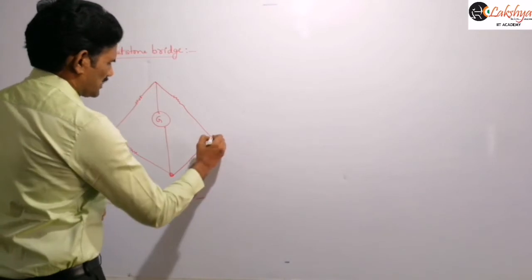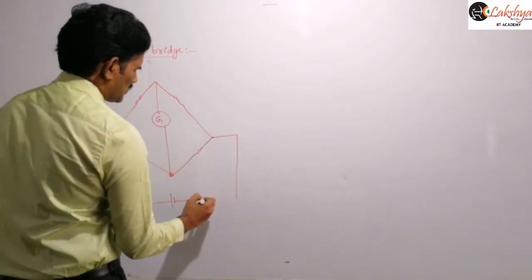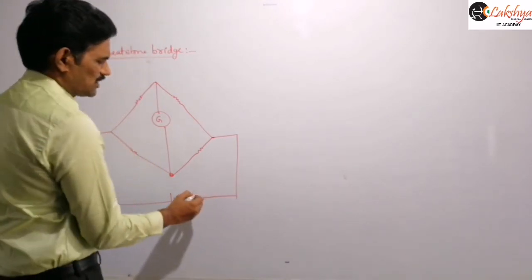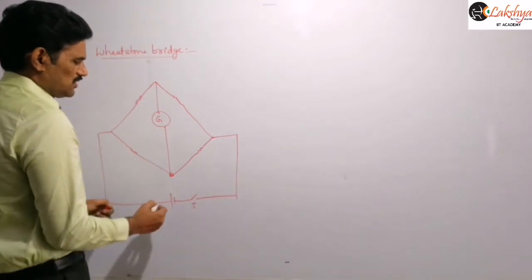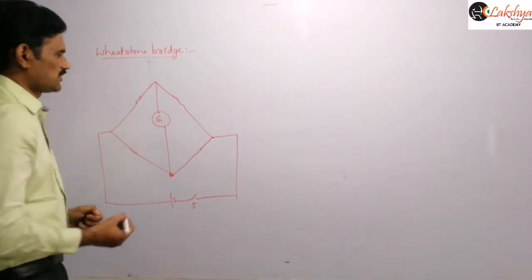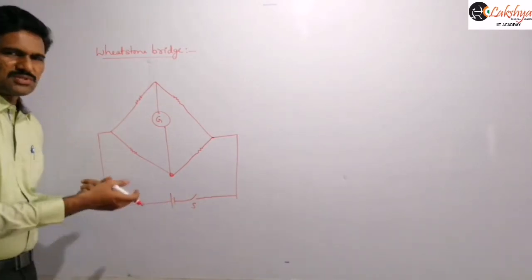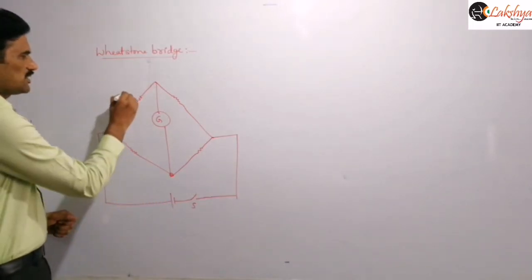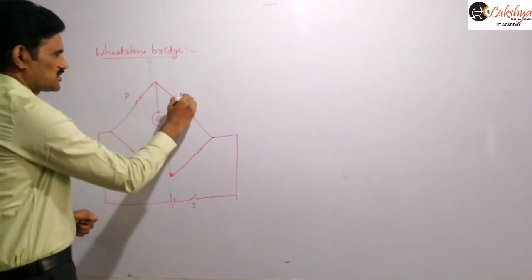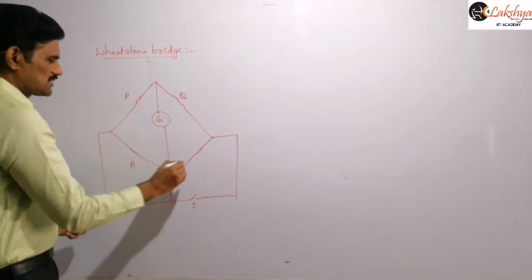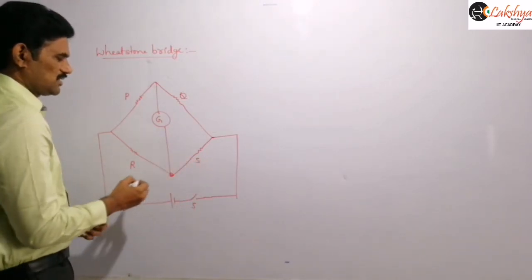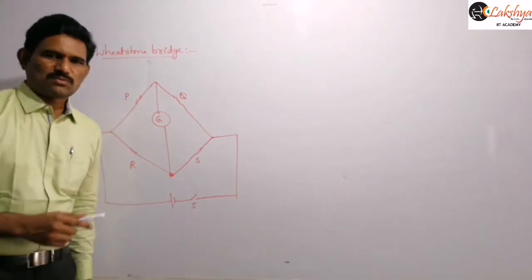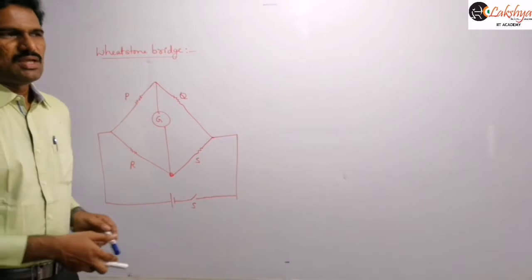Sometimes some external series resistance is also connected, which is not important for us and is not included in our circuit. Here this resistance is P, this we consider as Q, this is R, and this is S. And this G is our galvanometer.